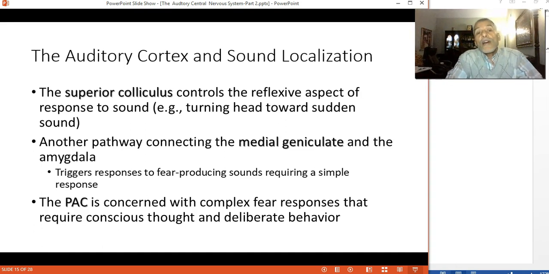Now, there's another pathway that connects the primary auditory cortex itself with the amygdala as well. But that involves more deliberate thought. That is not a reflex.